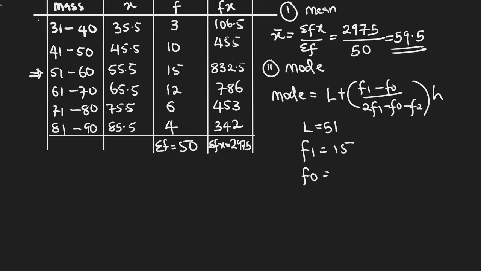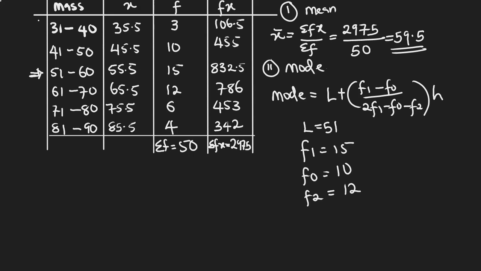F0 is the frequency of the class preceding the modal class, that means the frequency of the class before the modal class, which is 10. So F0 is 10. Then we have F2. F2 is the frequency of the class succeeding the modal class, the class after the modal class, which is 12, right? So we write 12 here.